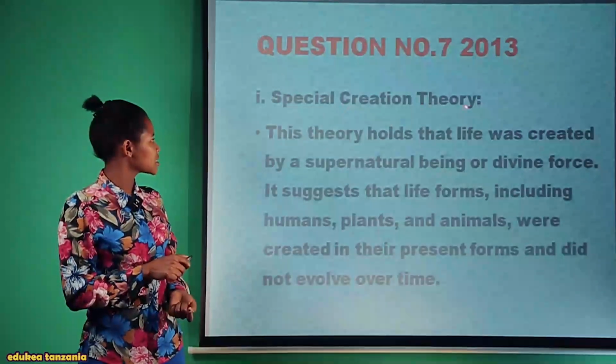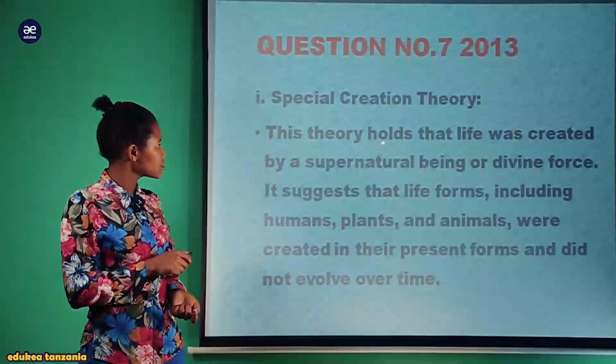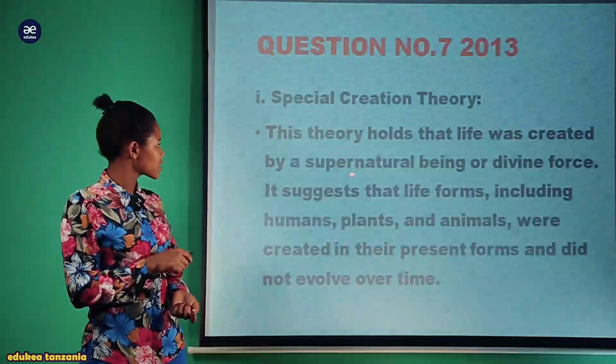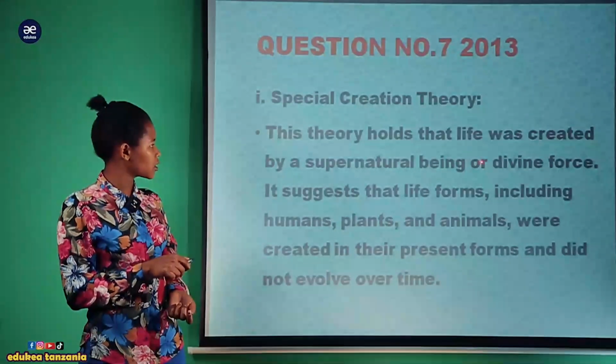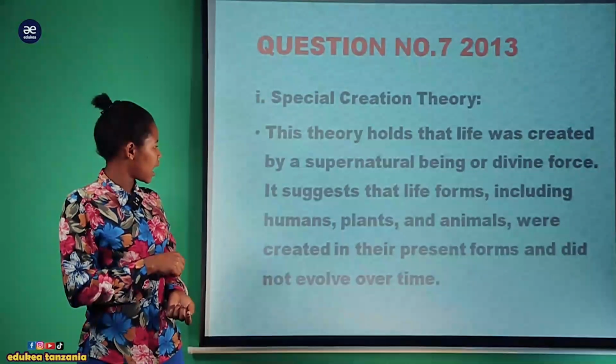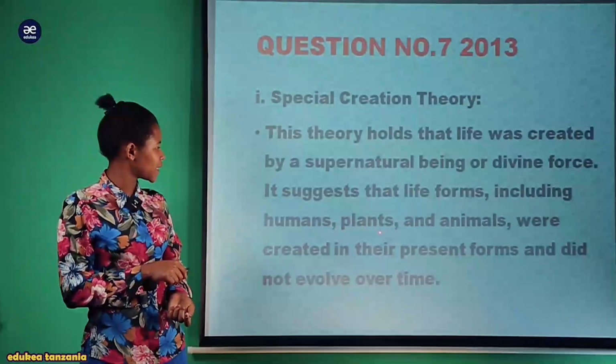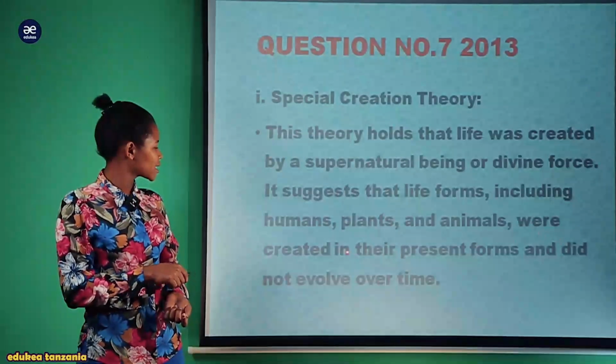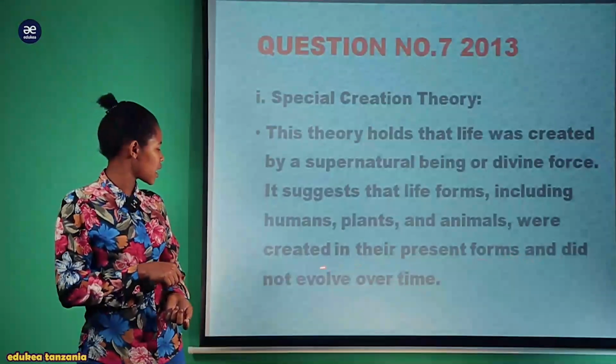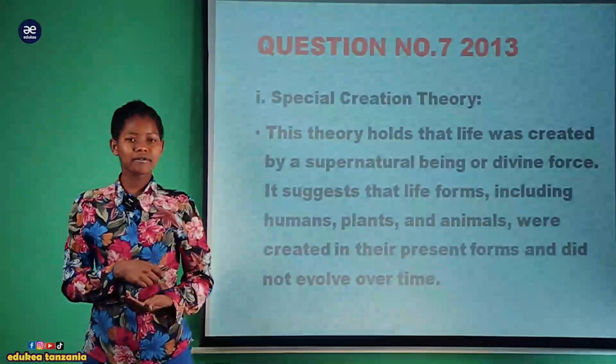This theory holds that life was created by a supernatural being or divine force, and it suggests that life forms, including humans, plants, and animals, were created in their present forms and did not evolve over time.